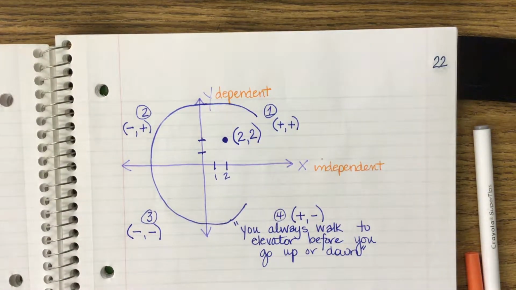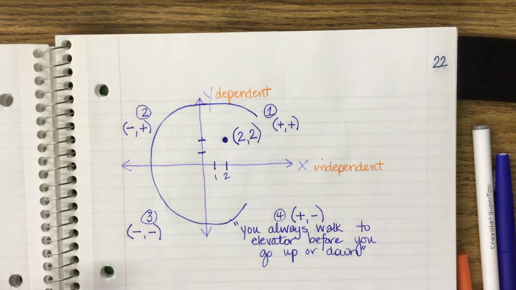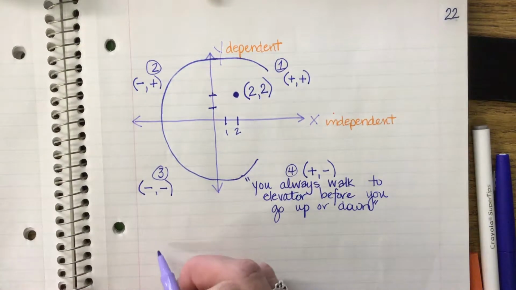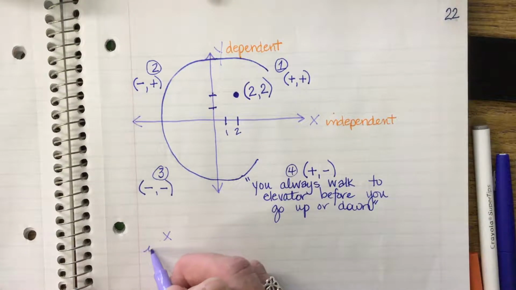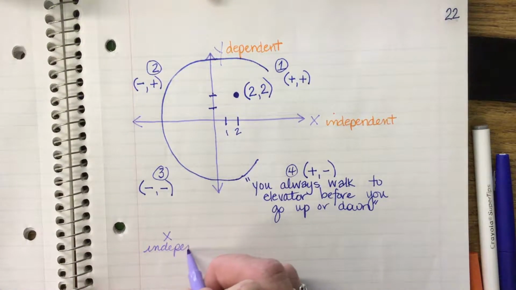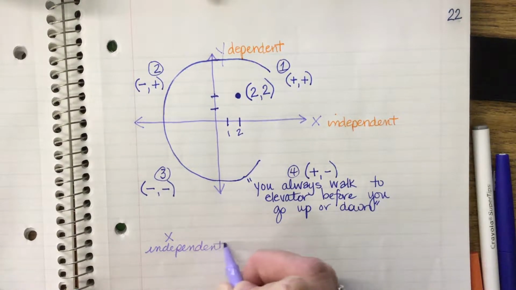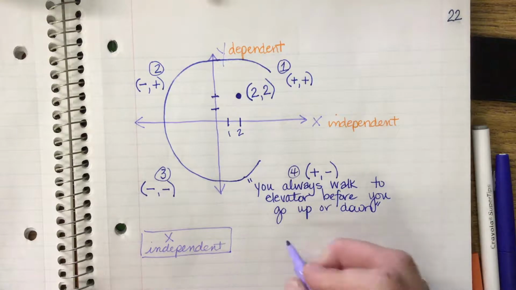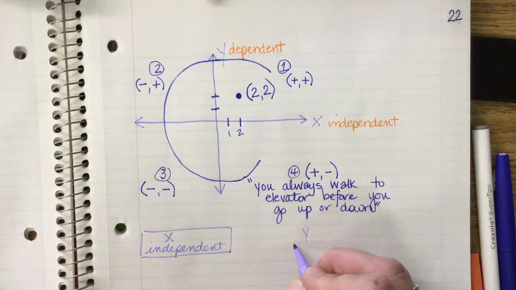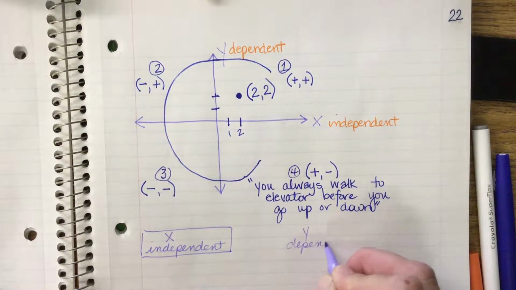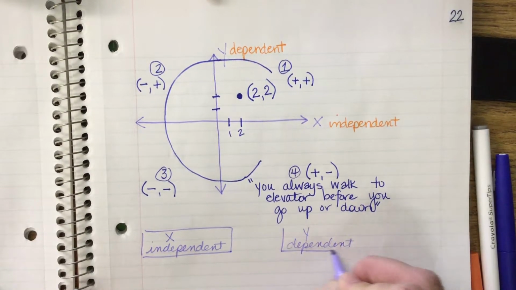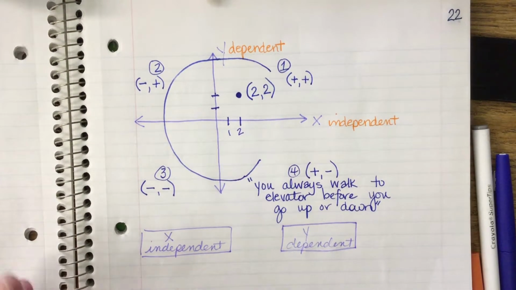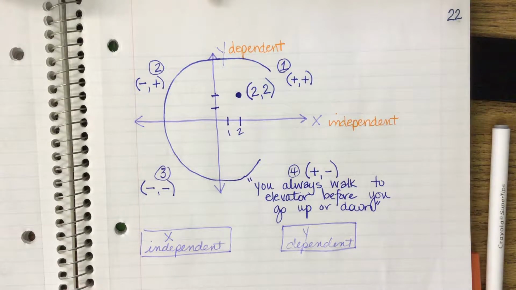Let's talk a little bit about independent and dependent. So your x is independent, and y is your dependent. That's right, y'all start writing cursive. High school, you're going to have to take quick notes.